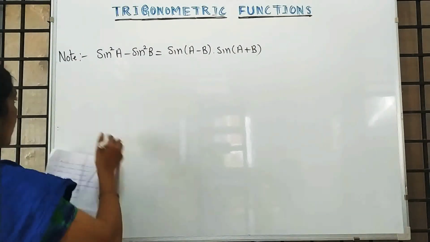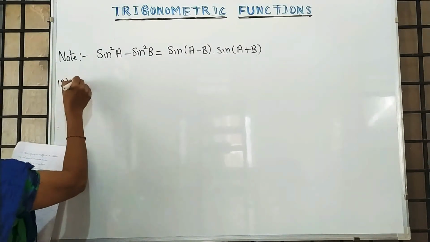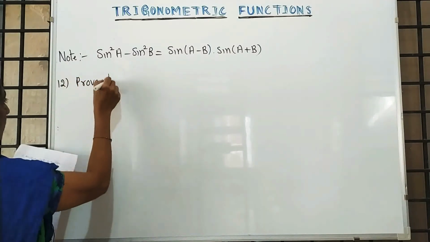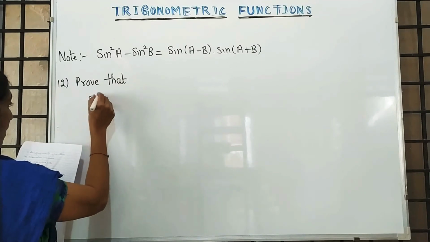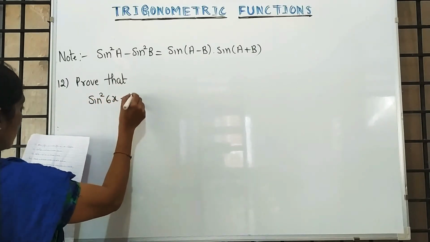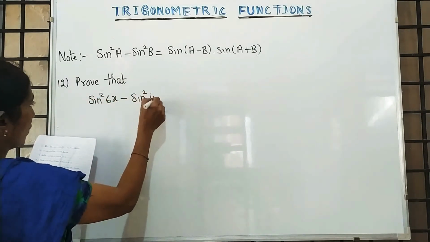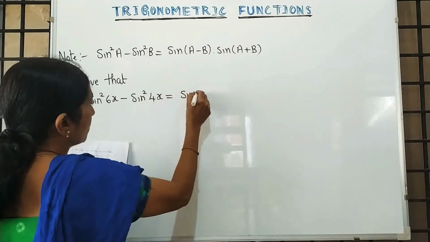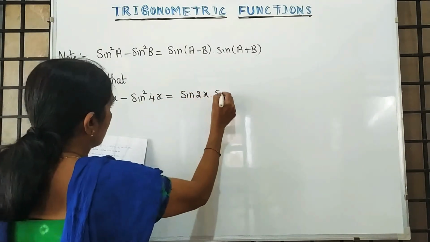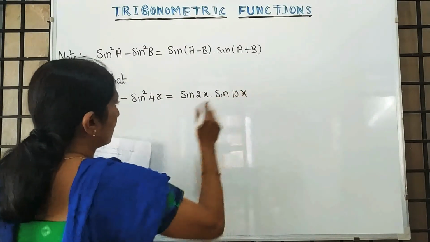Write the next 12th example. Same, prove that sin square 6x minus sin square 4x is equal to sin 2x into sin 10x.